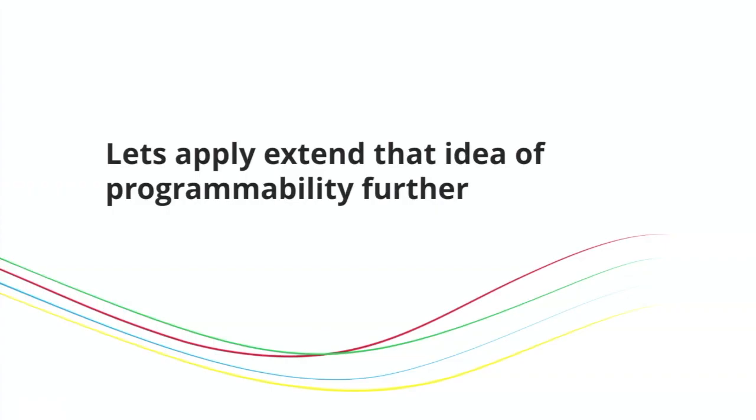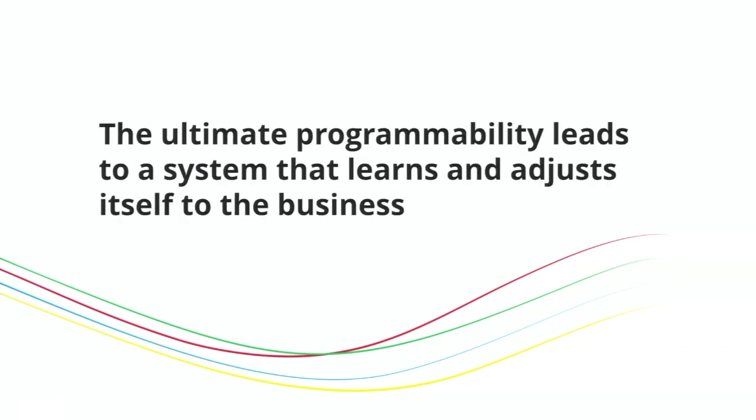And let's extend this idea of programmability further. So you have exposed everything as a software construct. Now you can see the extension. The ultimate programmability is a system that learns and adjusts itself to the business. So initially you are adding manually the programs that extend those constructs, like a ticket or a project or an expense or whatever is relevant to your particular business.